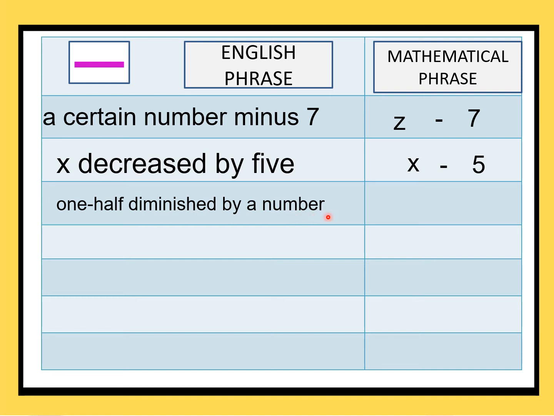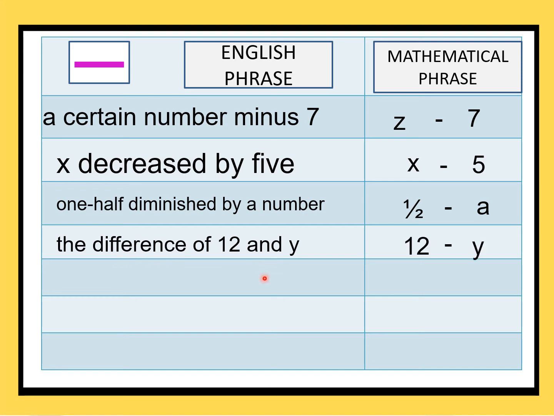So, 1/2 minus A. So, sa case na to, ang ginamit ko is A. Next is the difference of 12 and Y. Ang keyword is difference. So, 12 minus Y. Next, Y reduced by 6. So, reduce, that means minus. So, Y minus 6.